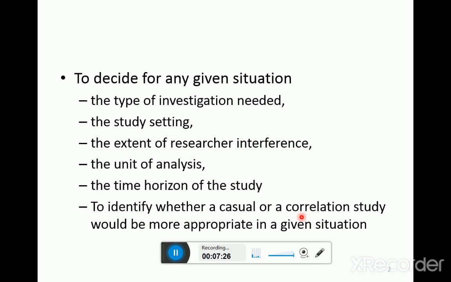Meaning, there is a dependent variable and there are independent variables. The dependent variable depends on different independent variables. For example, student productivity depends upon so many factors. All the independent factors have some impact or relationship with the dependent variable. That is simply known as a correlational study. Finding only the relationship among the variables is known as a correlation study, while we have a causal study.